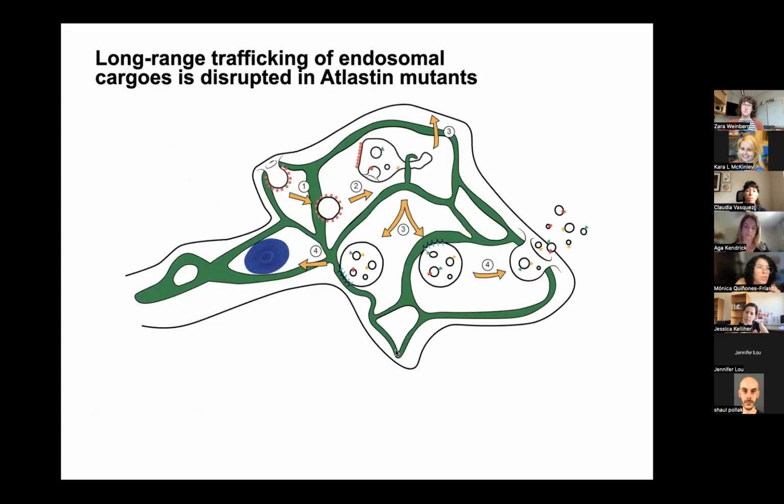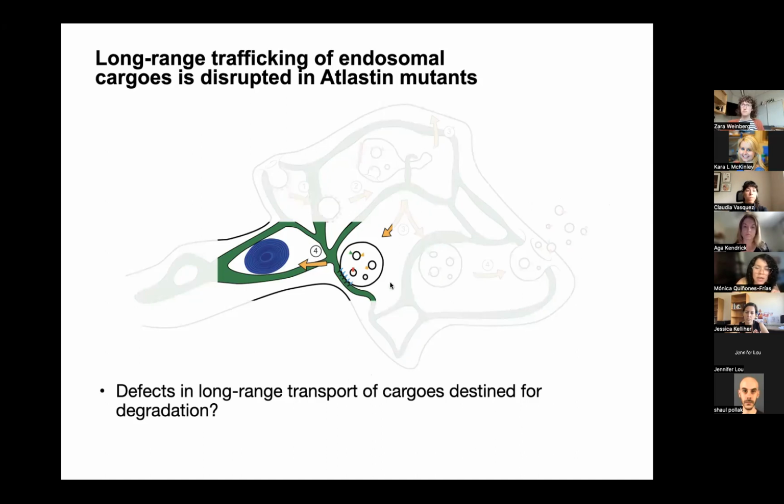And so to explain what I think might be going on: I mentioned that as endocytic cargoes are being trafficked through and are maturing, they can be degraded or released outside of the cell. And because I didn't see any change in the levels of endosomal cargoes on the outside of the cell, I think that ER endosome contacts might actually be really important for the trafficking of cargoes that are destined for degradation.